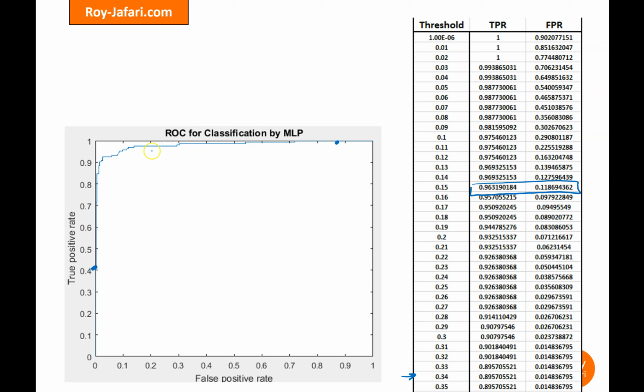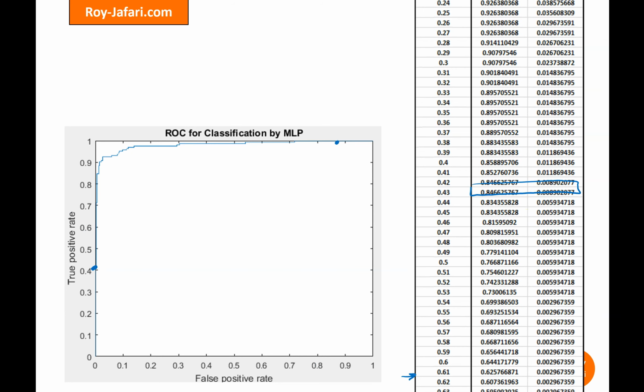And for example, this other point is around here.